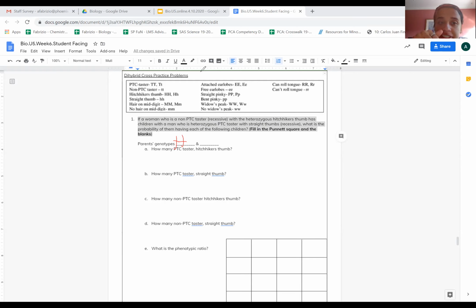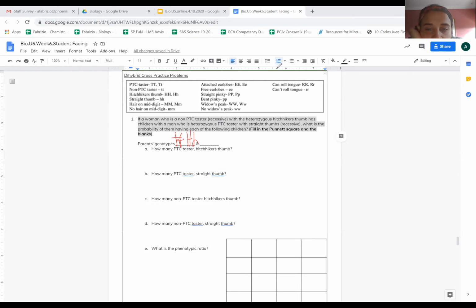And then she's heterozygous for hitchhiker's thumb, meaning she has one of each type of allele, one dominant, one recessive. So that's tt, and then Hh for mom. I'm going to use a different color for dad. Let's use this pink.